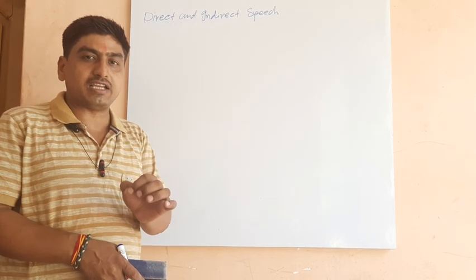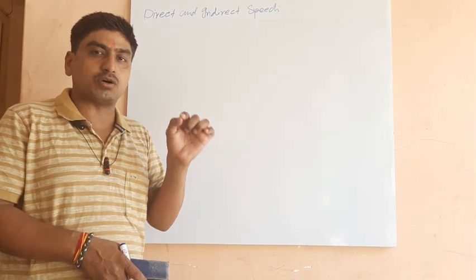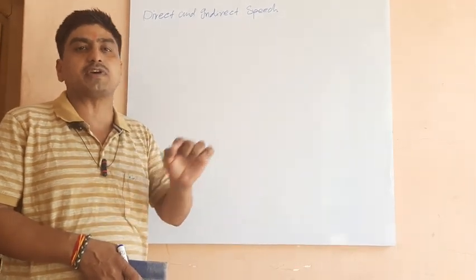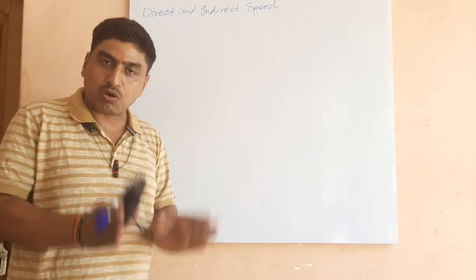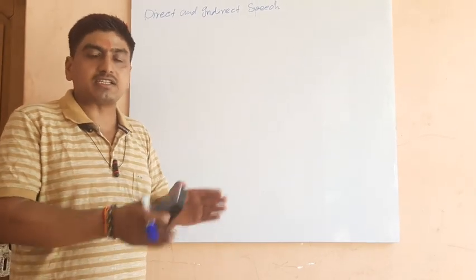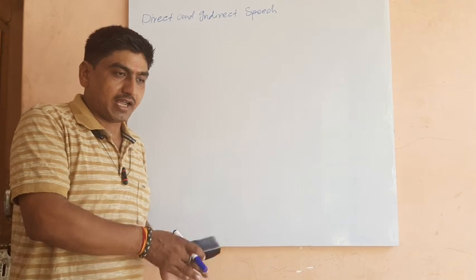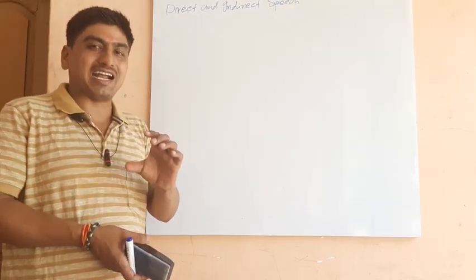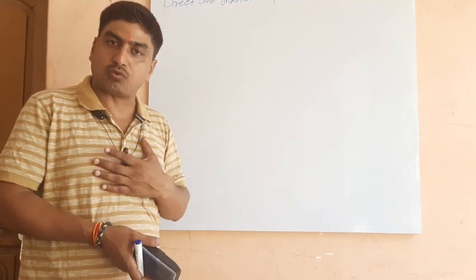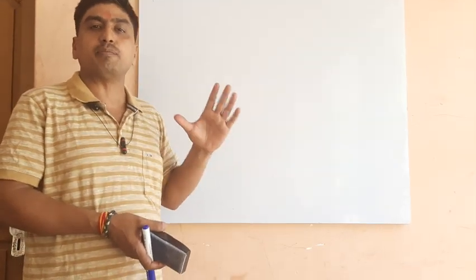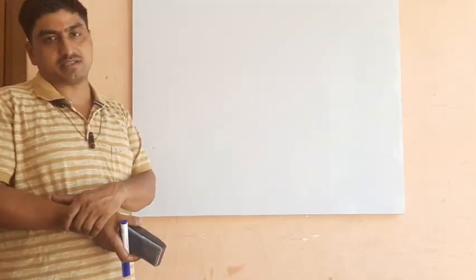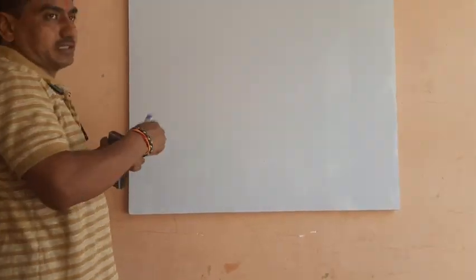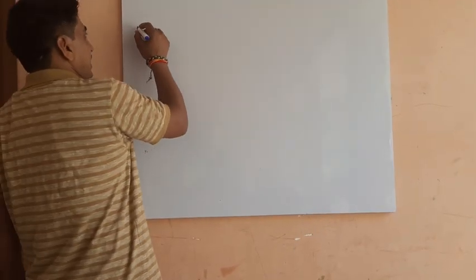So finally, direct speech is the original speech of a speaker without any changes, that is written in inverted commas, and indirect speech is the speech that we change in our own words without changing the meaning of the original sentence. This direct speech is of 5 kinds.